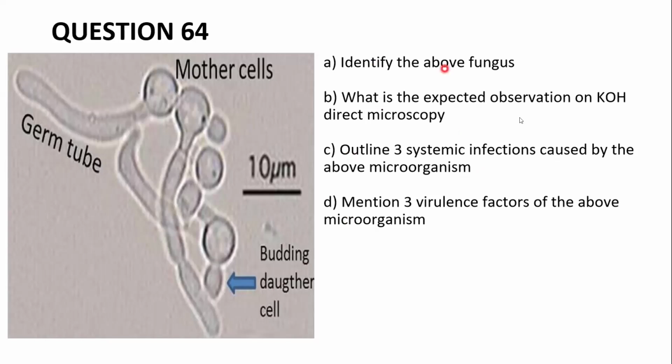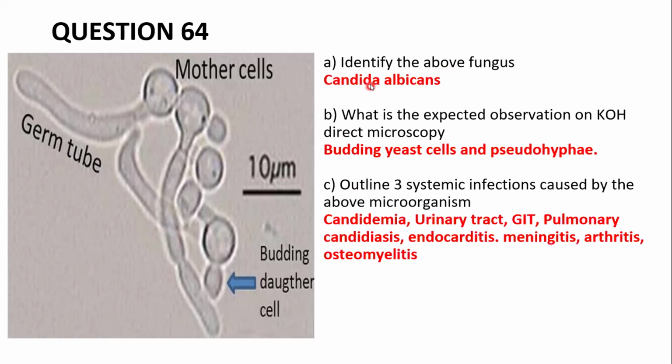So we have endocarditis, yes. When it goes to the heart, it causes endocarditis, and the bones, arthritis. Okay, I think I mentioned this: the budding yeast cells and the pseudohyphae, so the true hyphae and the pseudohyphae.